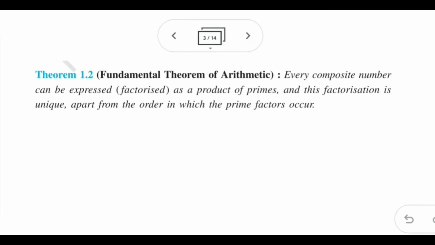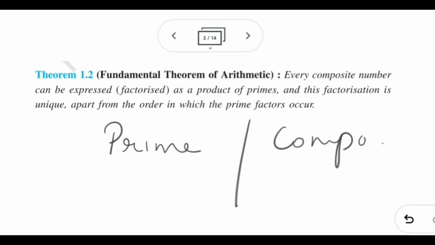First of all, we should know what a composite number is. Any number which has more than two factors is a composite number. Generally, we have two types of numbers: prime numbers and composite numbers. So what are prime numbers? Prime numbers are numbers which have only two factors, 1 and the number itself.